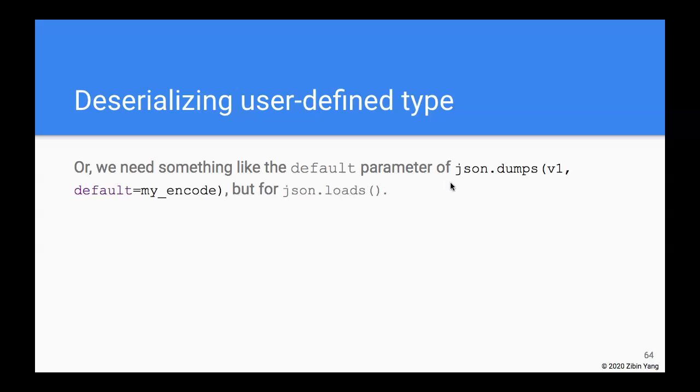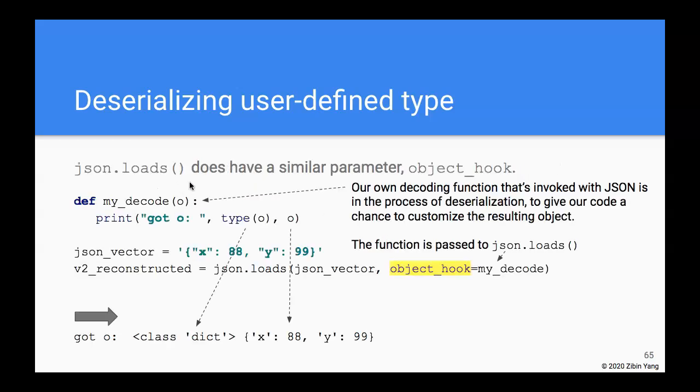The other way is to do something similar to what we did in the encoding process, which transforms a user-defined type into a dictionary with the help of the default parameter. We can try to do the same thing for the decoding process. json.loads does have a very similar parameter.